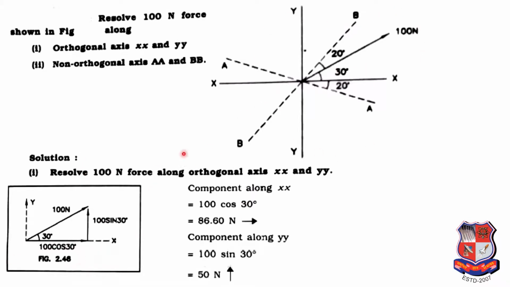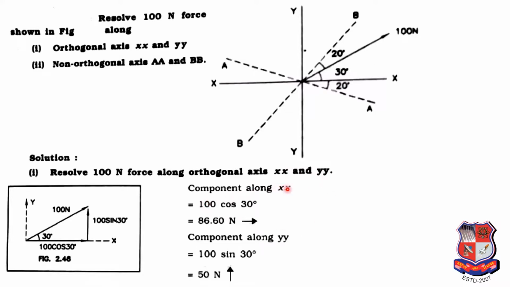As per that, we take 100 cos 30 and 100 sin 30; our 100 Newton force is there, and a 30 degree angle is there. So we simplify that force, and one component we have mentioned over here.